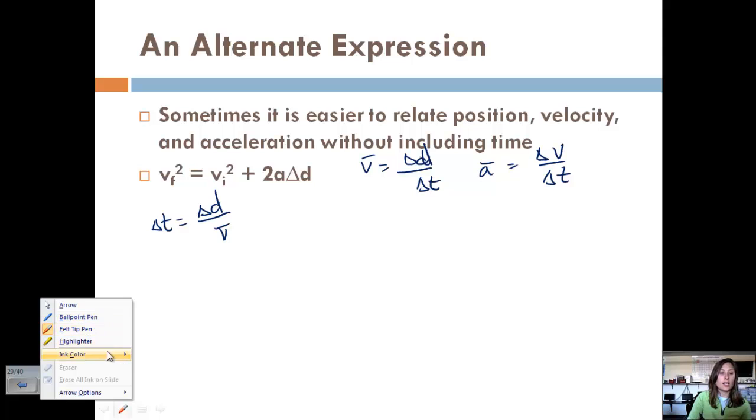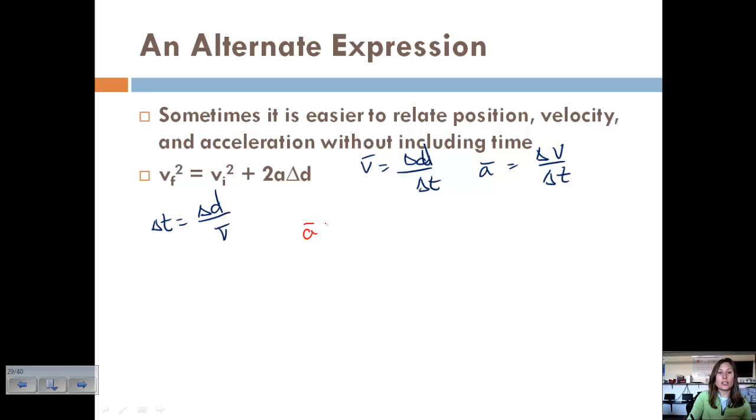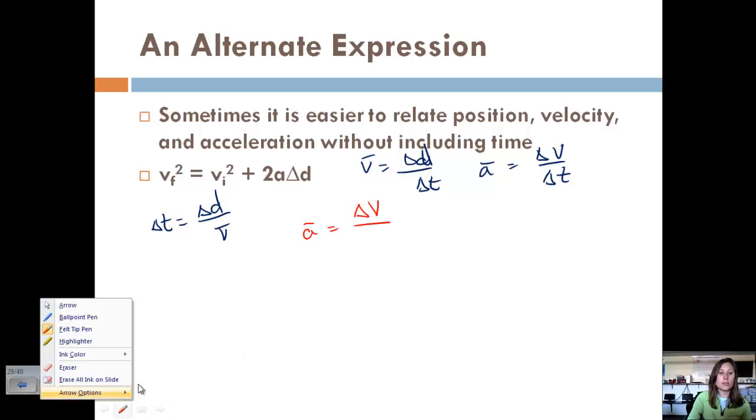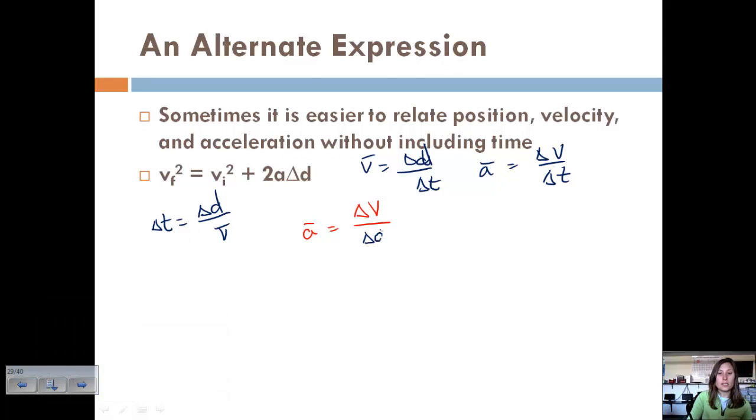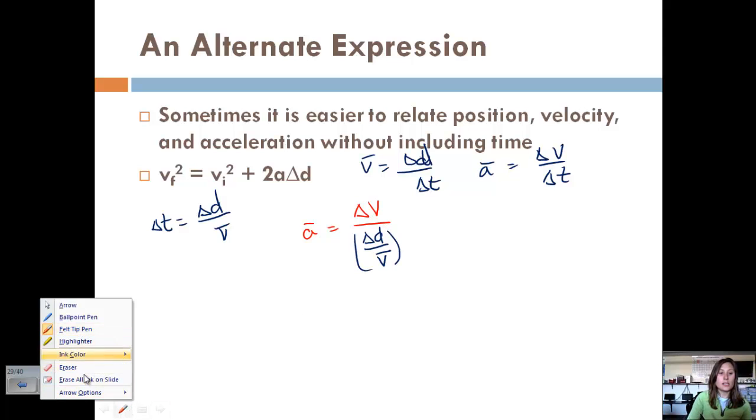I'm going to take that and plug it in for the delta t in the acceleration. So let's get a different pen color. We have acceleration equals delta v over, now let's plug in our substituted value, delta d over average velocity. Okay, now we'll do the rest in red.